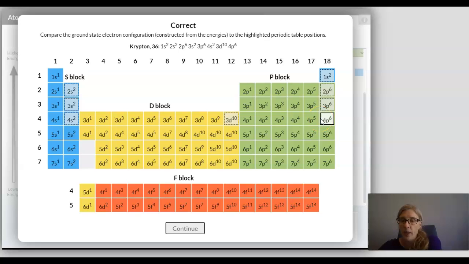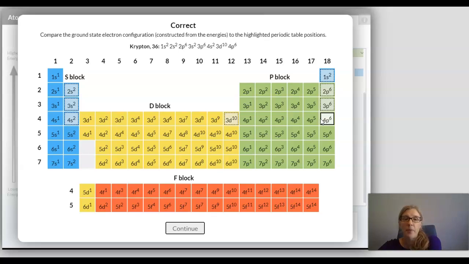And so if we read the periodic table from left to right and top to bottom, we have a way of predicting the energy level, which goes with the row, the sublevel, which goes with the block. The colored blocks represent the different sublevels. And then the columns correspond to the number of electrons in each one of those sublevels.